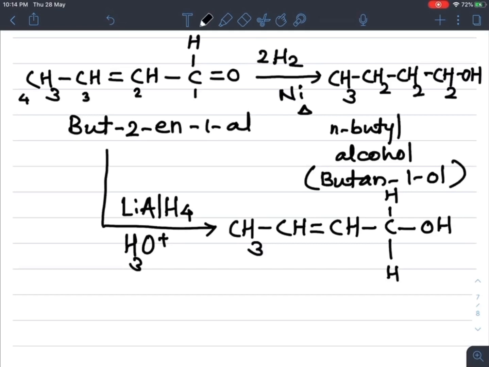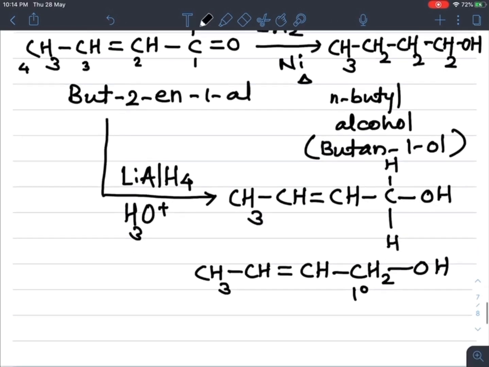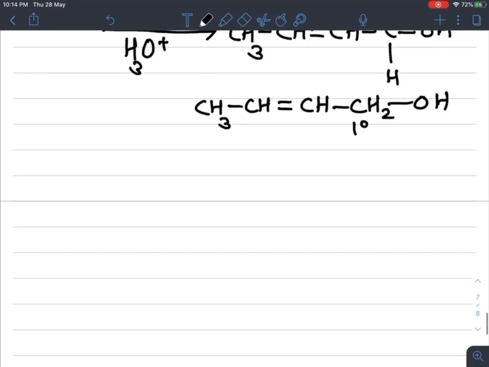Now you observe here that the primary alcohol is formed along with the alkene. So 2 functional groups are there, one is alcohol, the other is alkene. The condensed formula is CH3CH double bond CHCH2OH. CH2OH means primary alcohol. Now give the IUPAC name for this 4 carbon chain. The prefix is but.